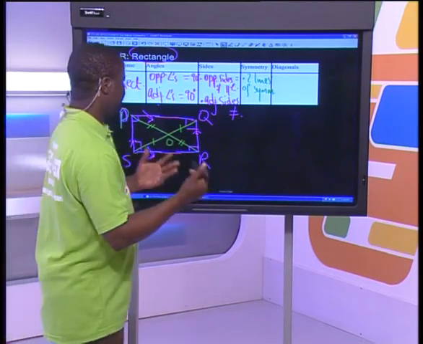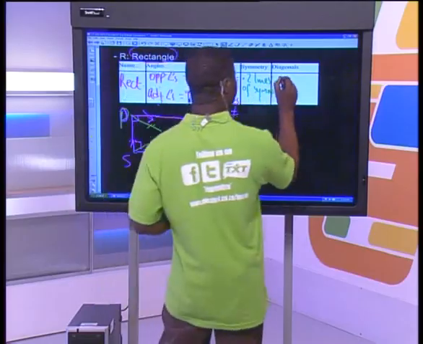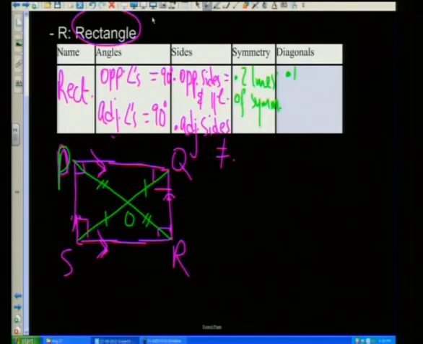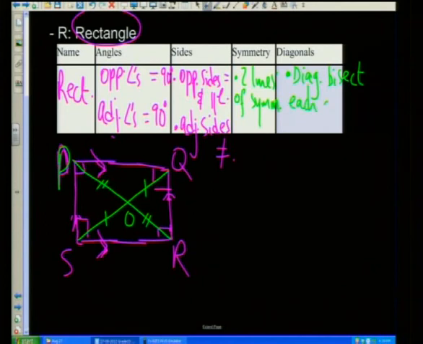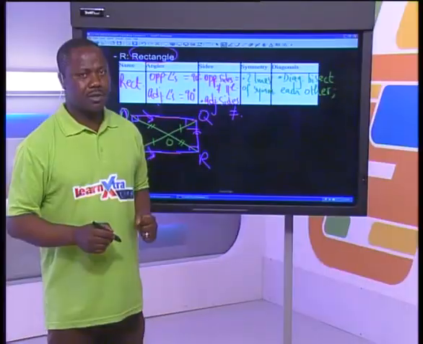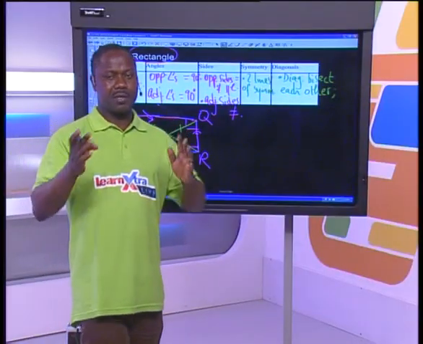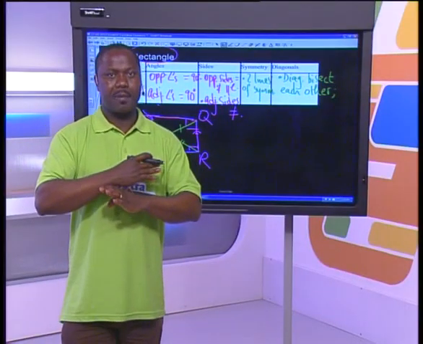And how do you write this statement? We will say diagonals bisect each other. Now, if you want, you can just emphasize that not perpendicularly, because there's something about these diagonals bisecting perpendicularly.